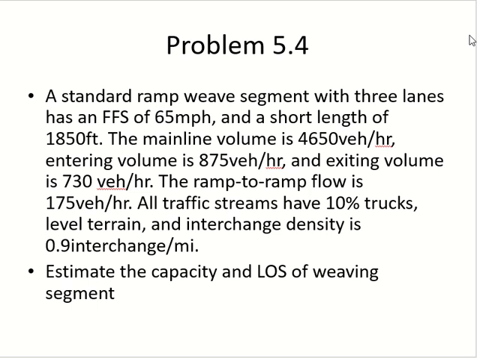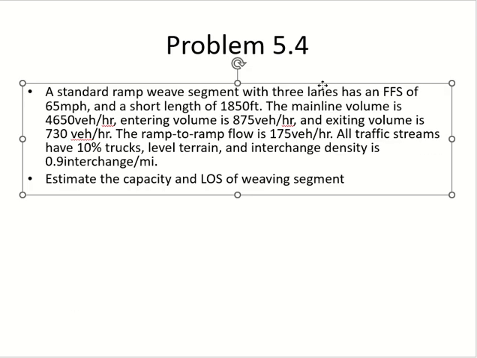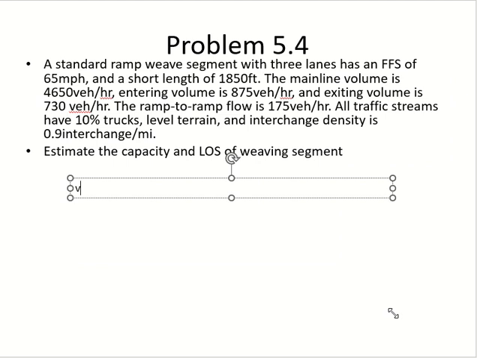Now, the first thing which we do is we convert these values to flow rates in passenger cars. We need to convert all these values to flow rates in passenger cars. So how do we convert volume to flow rate? Divide by PHF and FHV.